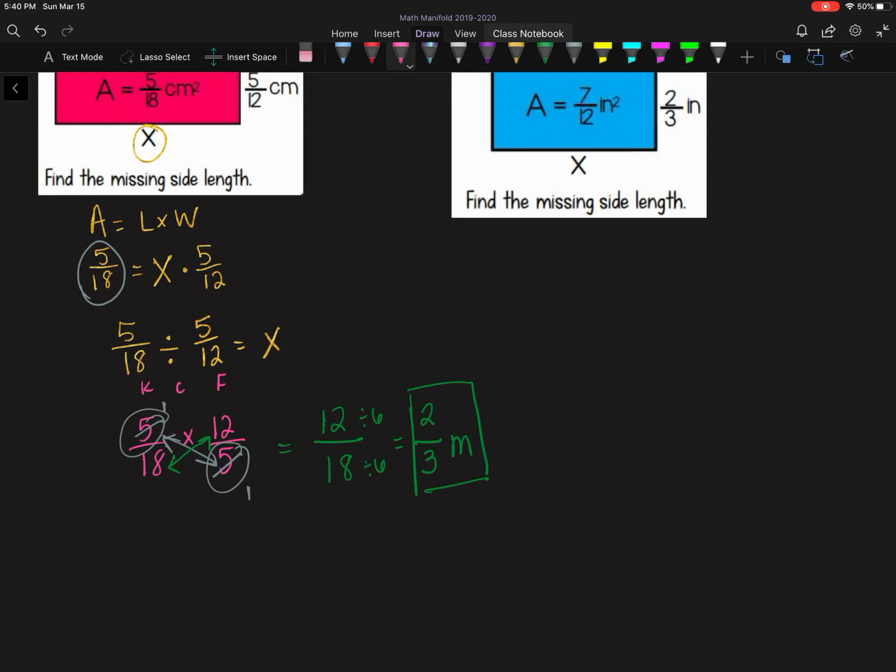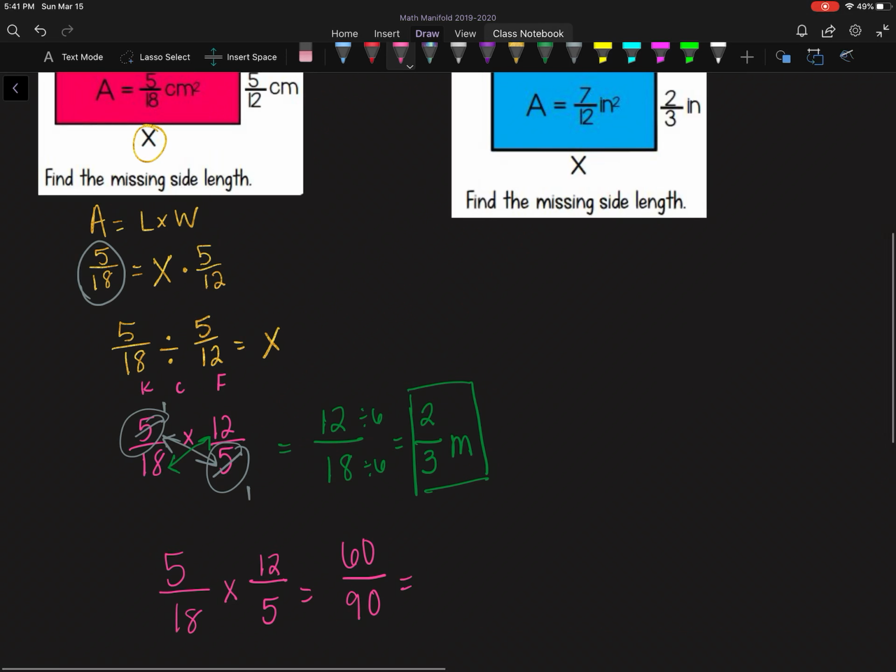I could have done this without cross simplifying. So 5/18. So we kept the 5/18, we switched the division to multiply, and then we flipped the numerator and denominator. So I could have gone through and absolutely multiplied and had 60 on top. 5 times 8 is 40, so this would have been 90.